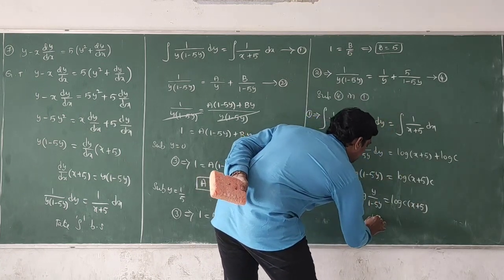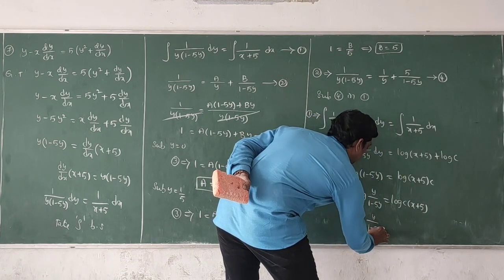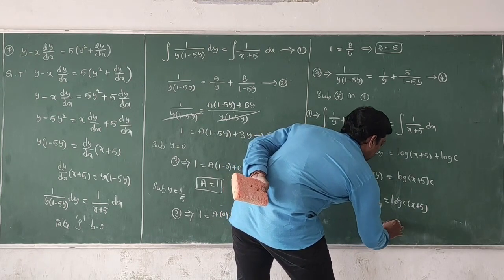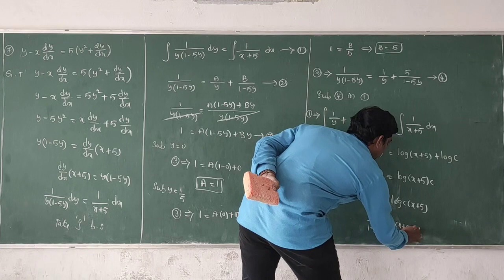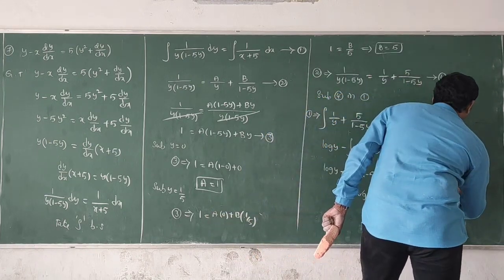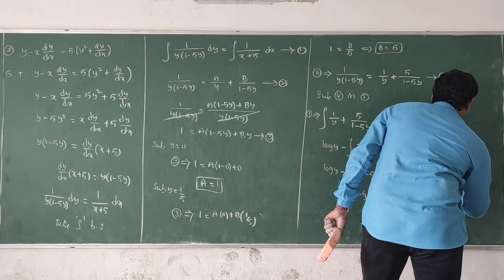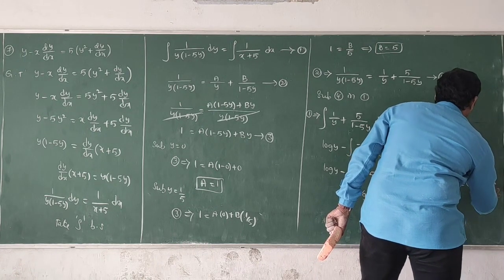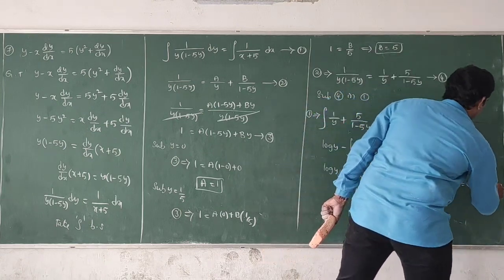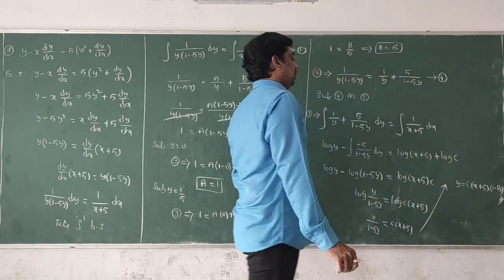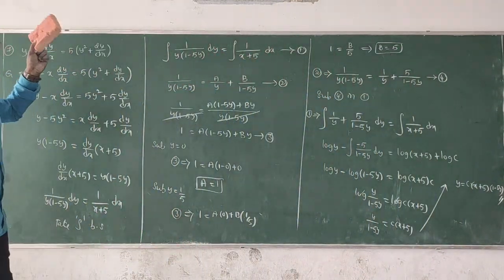Then both sides log cancel: y by (1 minus 5y) equal to c into (x plus 5). In other words, this can be written as y equal to c into (x plus 5) into (1 minus 5y). That's the required general solution of the given equation.